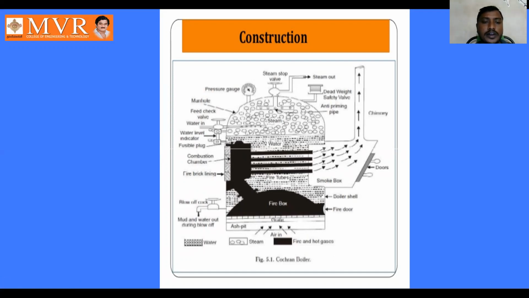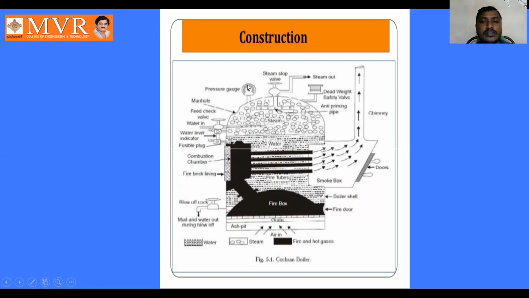See here, water level indicator. This water level indicator checks how much water level is there in the boiler, and we are sending water inside through this feed check valve. And this is the manhole, how the man enters for cleaning the sediments formed here.